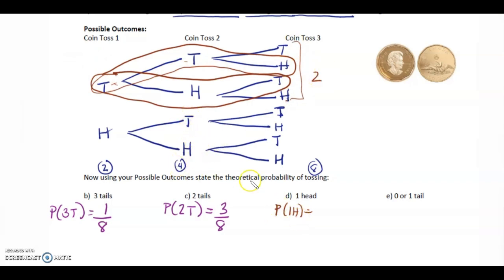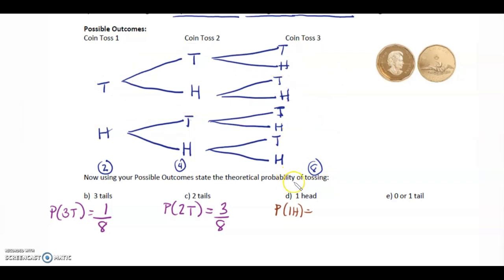And then 1 head. So head, tails, tails is one head. Heads, tails, heads doesn't work. Heads, heads, tails doesn't work. Heads, heads, heads doesn't work. So again, we have three situations where we can have one head. So it's 3 out of 8.